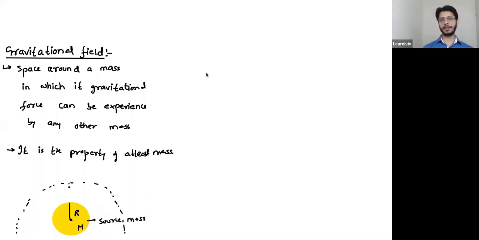Now, since gravitational field is not visible, we take an indirect method. We take another mass, small m. We call this mass the test mass. If this test mass experiences gravitational force, then I would say that over this point, the gravitational field of capital M exists.